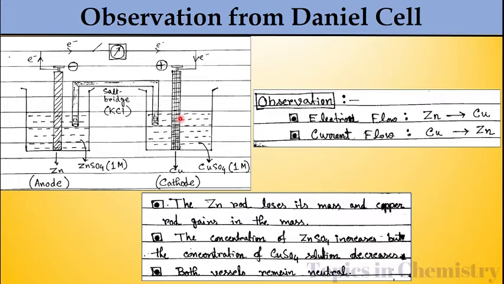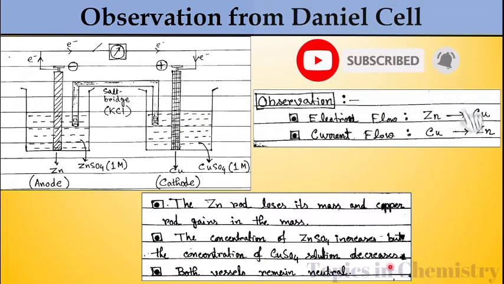So now we have to explain why that happens. The concentration of zinc 2 plus, here it is not zinc sulfate, here you have to write the zinc 2 plus. The concentration of zinc 2 plus in solution increases, but the concentration of copper 2 plus in that solution decreases.